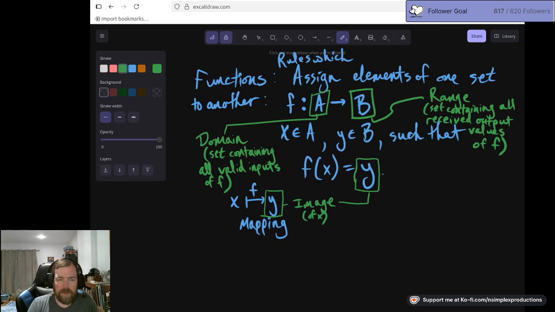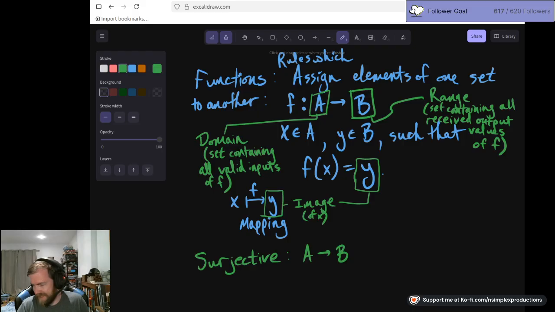Oh man, my vocabulary. Alright, so surjective is where you're mapping forward. Injective is backwards, B onto A. That's a question.